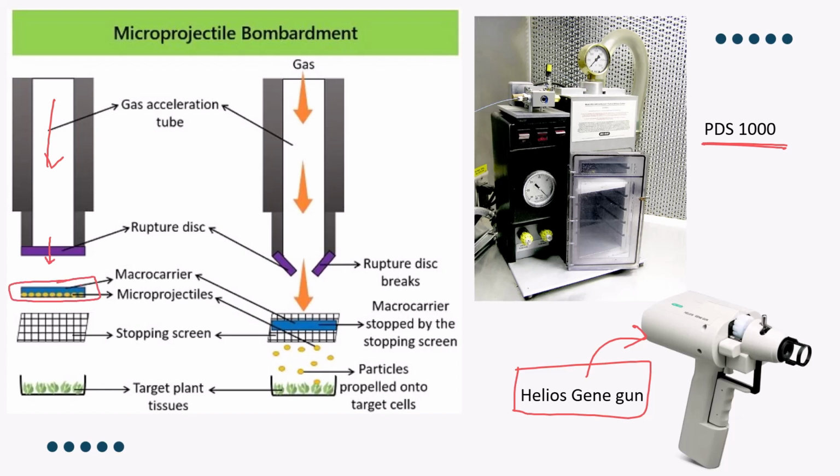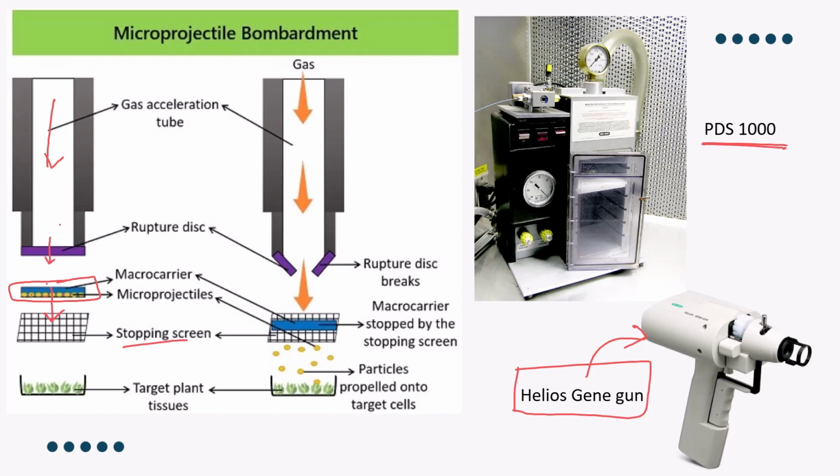This is the microcarrier. The small ones are microcarriers, that is gold or tungsten plus genetic material. And this blue one is the macrocarrier. We can also call the microcarriers microprojectiles, so you don't get confused. The microprojectiles are loaded on the macrocarrier, and when the pressure falls on this, the macrocarrier hits the stopping screen and stops there.